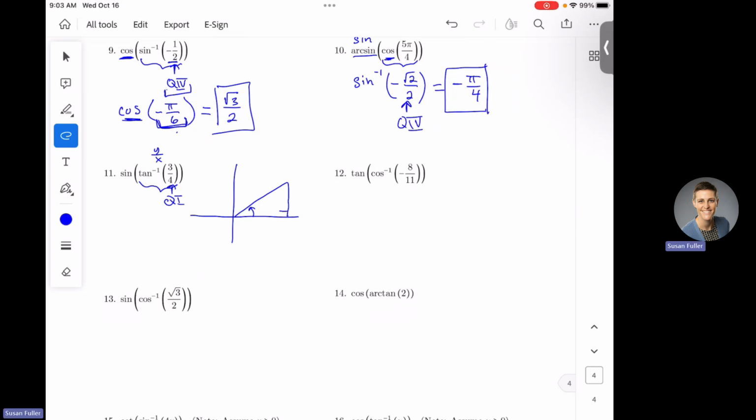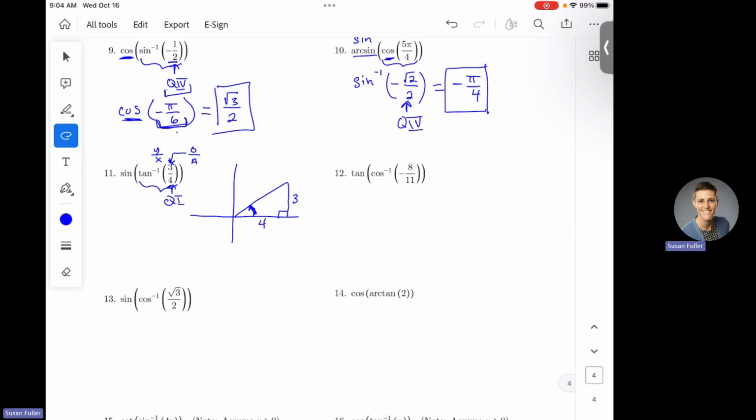And I know something about this reference triangle. I know that this 3/4 is a tangent ratio. It's the ratio of opposite over adjacent because that's the ratio that goes into inverse tangent. So I know that the opposite side of my reference angle here is 3. So this is 3. I know that the adjacent side of that angle is 4. So this is 4.